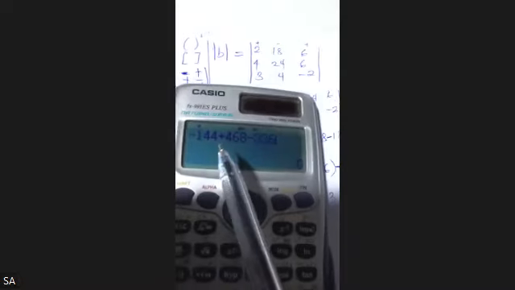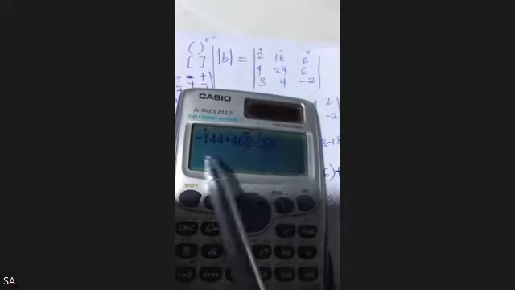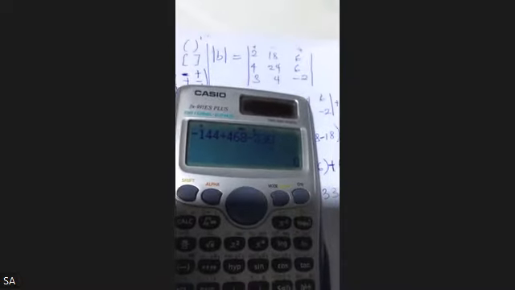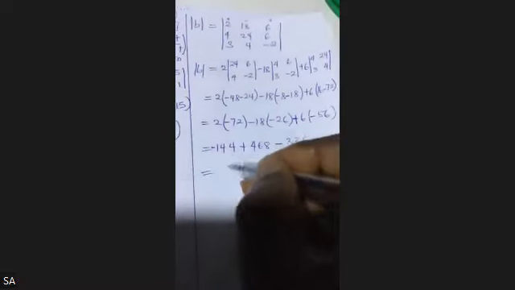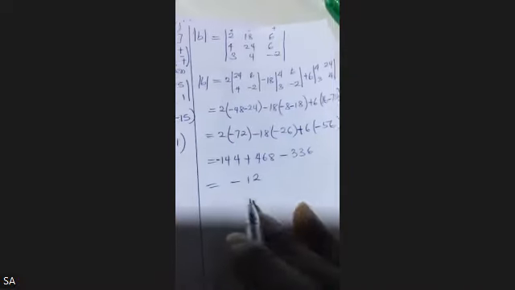Minus 144 plus 468. Press it like that. Don't ever assume anything. Even me that I'm teaching you, even if I know it, I want to press the calculator to be sure. So I press equals, okay, my answer is what? Minus 12. Please, you can confirm for me. My answer is minus 12. So the determinant of B is minus 12.